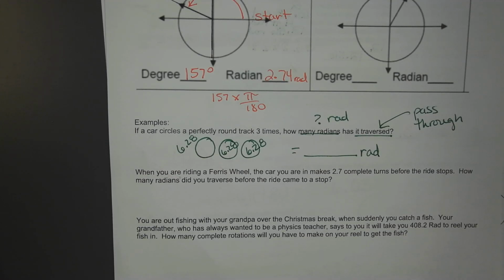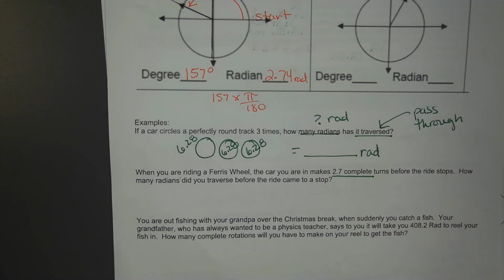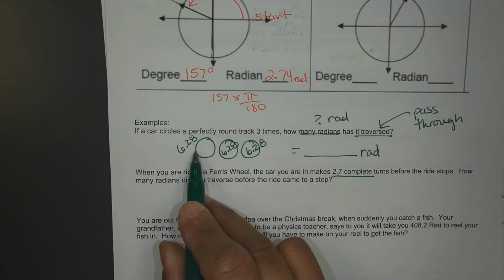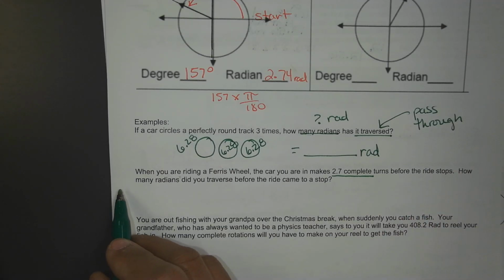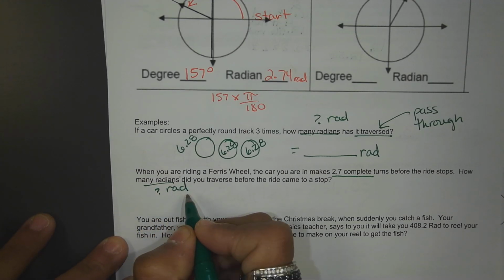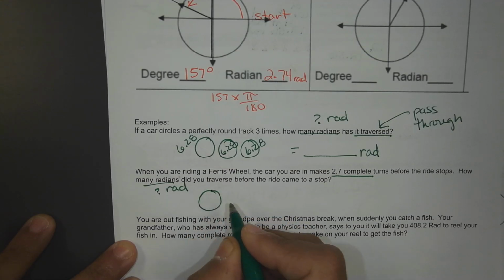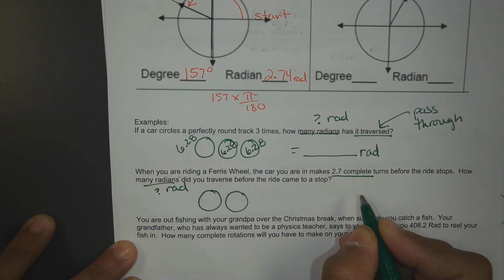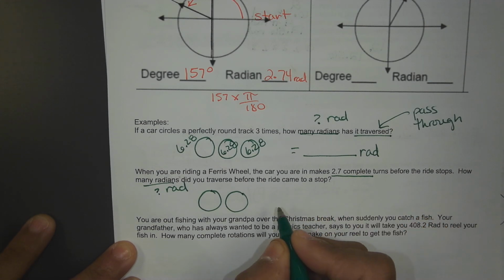Next one says here that you're riding a Ferris wheel that obviously goes in a circle. The car that you are in makes 2.7 complete turns. Okay, not 3 full turns, but 2.7 before the ride comes to a stop. How many radians did you transverse? How many rads? So for those of us who are a little bit more visual, 1 rotation, 2 rotations, and you did 0.7 rotation.